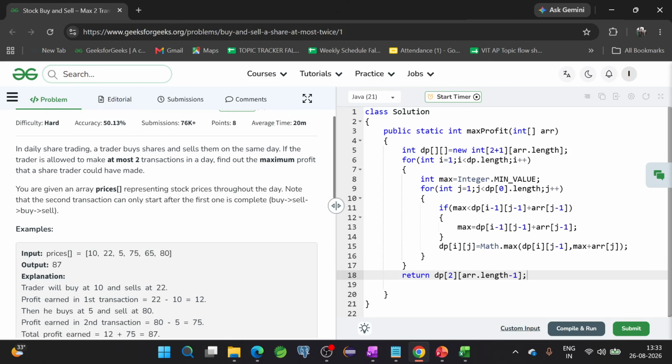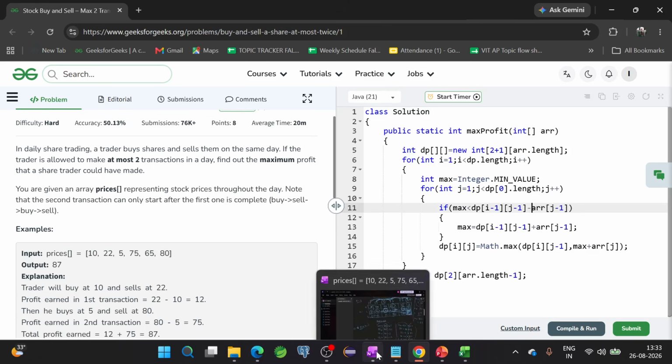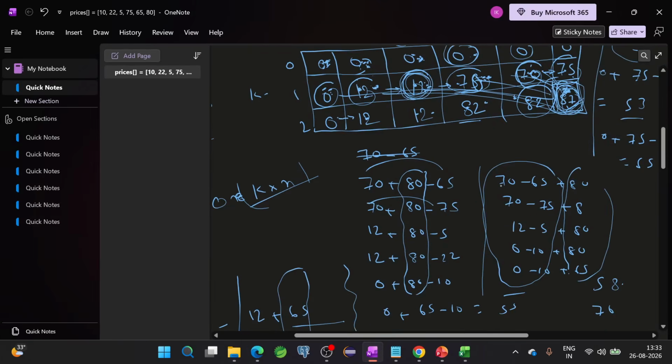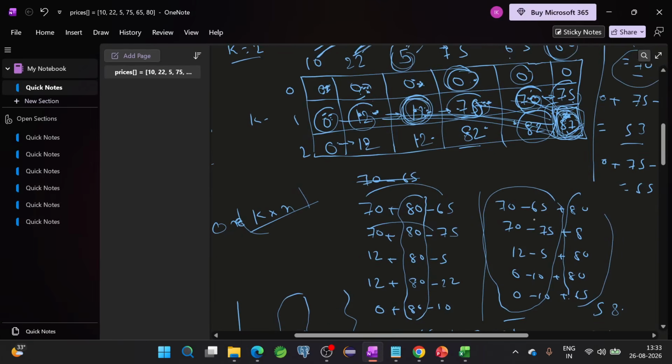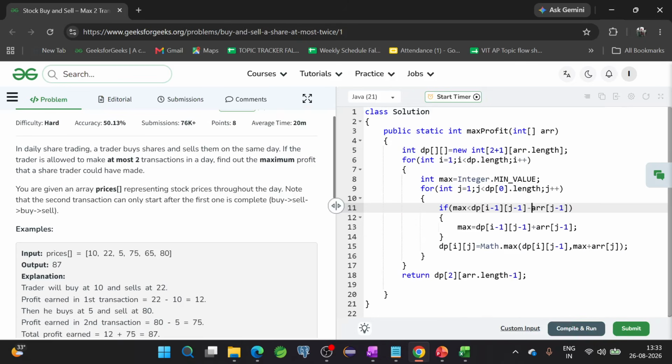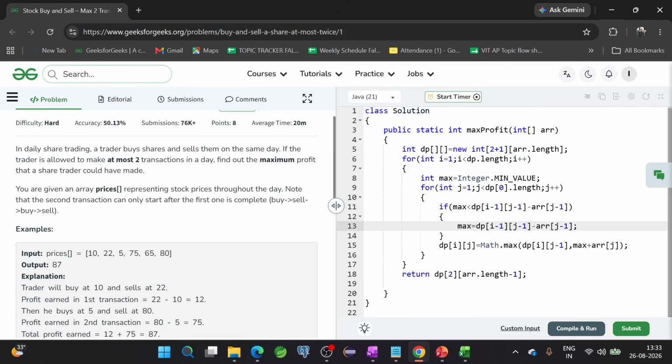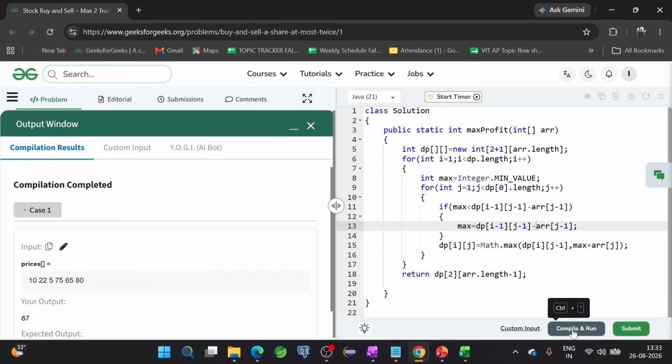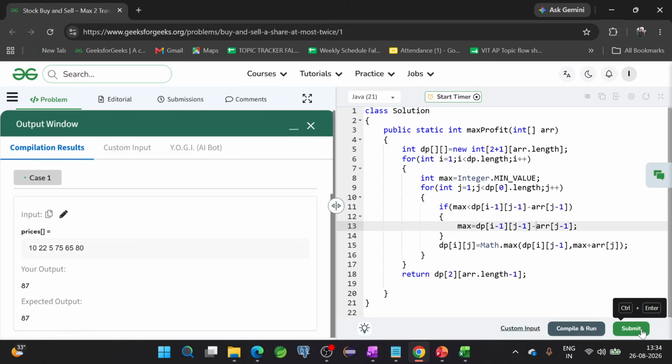Yes, if maximum is smaller than dp of i minus 1, j minus 1, and here you can check 70 minus 65, 0 minus 10, 12 is the profit for one transaction minus 22. Okay, same thing. Yes, it is perfectly correct.